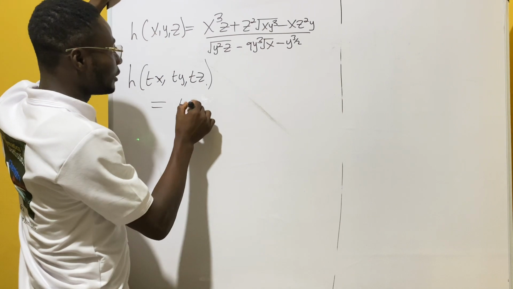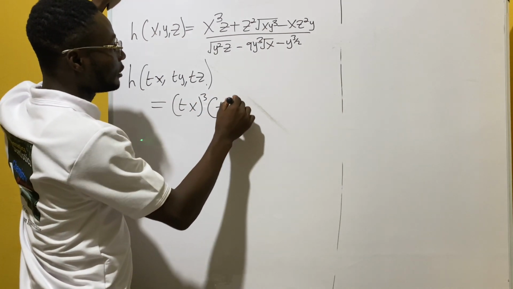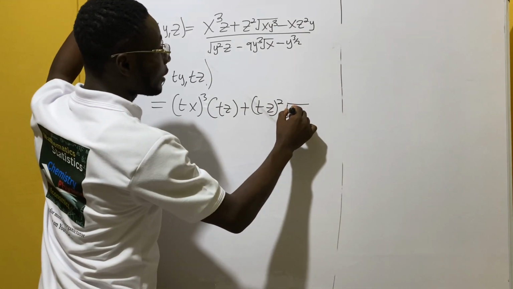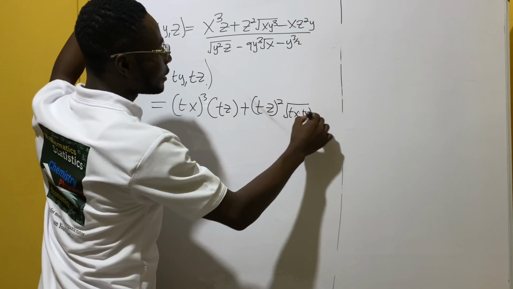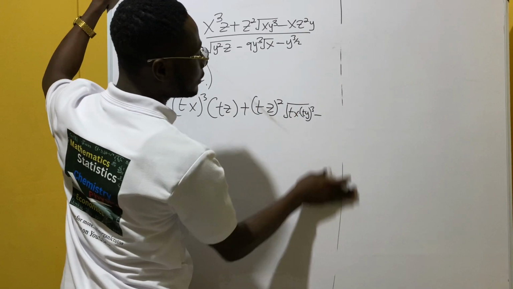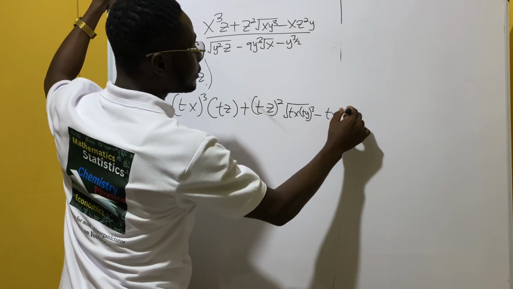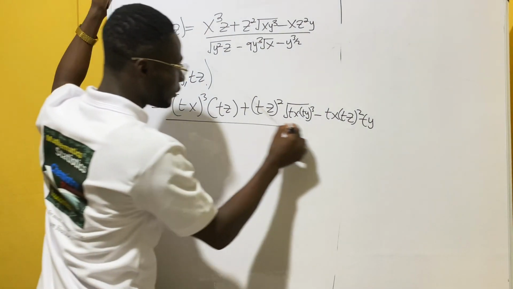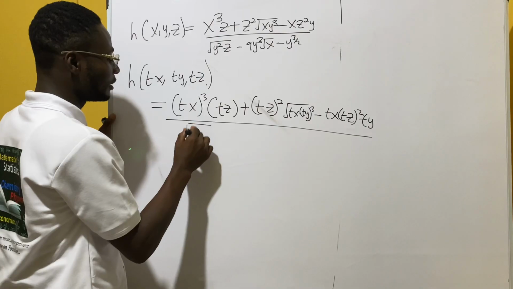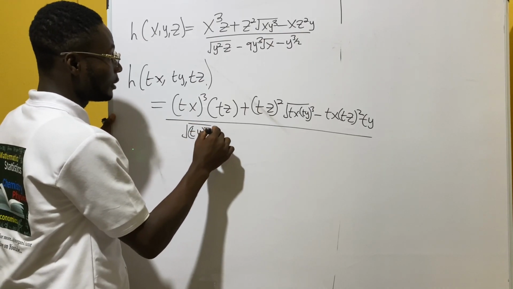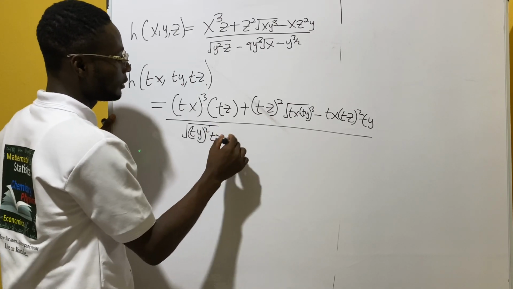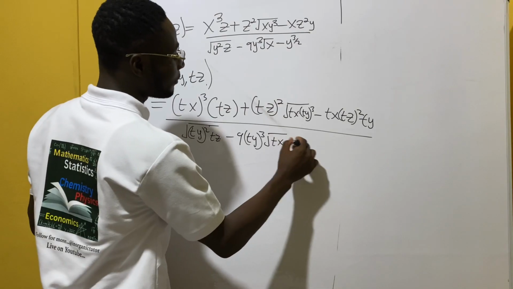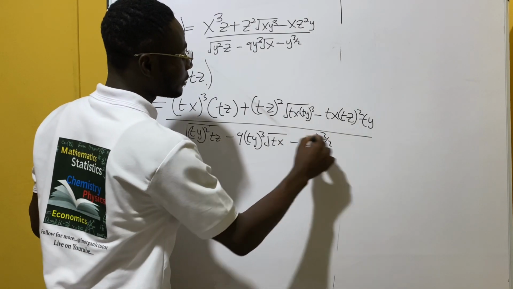So we have (tx) power 3 tz plus (tz) squared, square root of tx (ty) cube minus tx (tz) squared ty, all over square root of (ty) squared tz minus 9 (ty) cube square root of tx minus (ty) power 3 on 2.